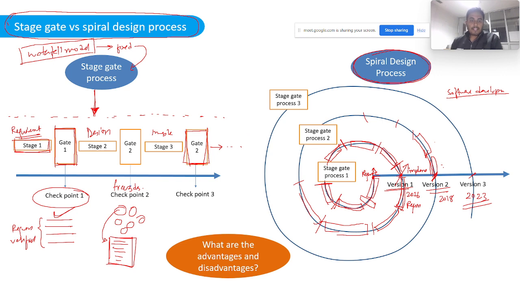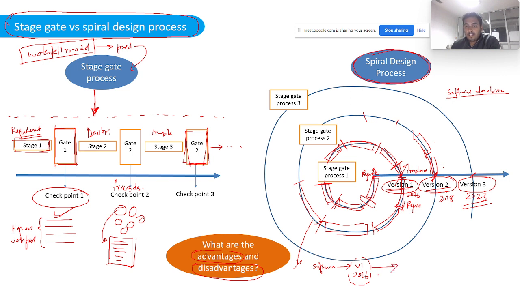So what are the advantages and disadvantages? We need to understand this. Advantage-wise, the spiral design allows release of versions without completion. Imagine you have a software and every year you extend the software. You have version 1 released in 2016 and it meets a certain set of user requirements.